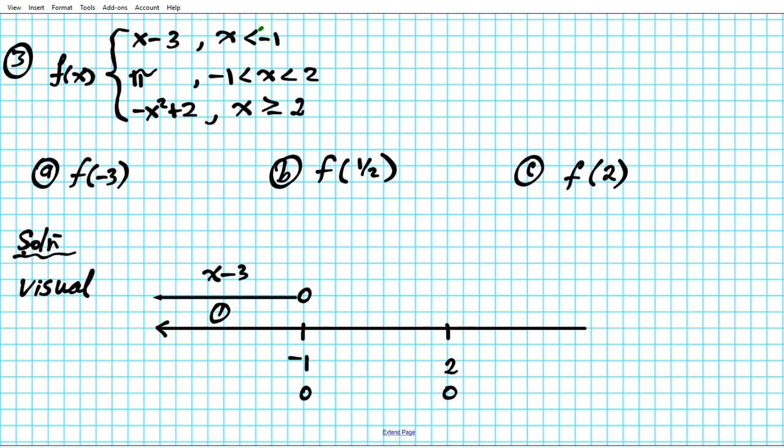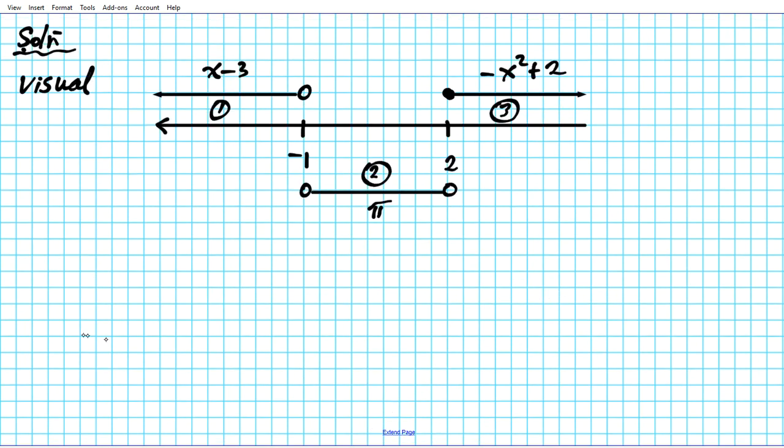Neither of the endpoints are included, so we have open circles, and what's active is pi, a constant function. And then lastly, for interval 3, 2 is included. 2 and any number bigger than 2 will be placed in interval 3, and the expression that's active here is negative x squared plus 2. Alright, so let's go ahead and start.